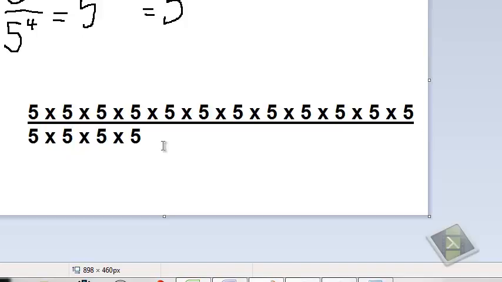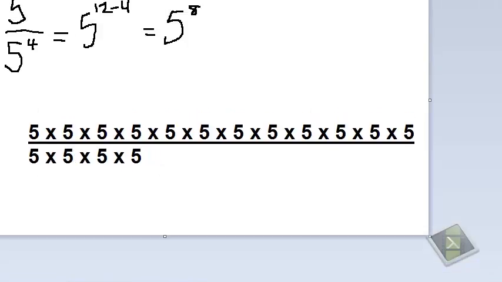This is what we would have if we wrote it all out. 5 to the 12th is 5 times 5 and so on. 5 to the 4th is 5 times 5 times 5 times 5. And then you could just cancel things out. 5 on top, 5 on bottom, gone. 5 times 5 on top, 5 on bottom, gone. Same thing. See what you're left with. Then you have all these 5s multiplied with each other, so you get back to 5 to the 8th.